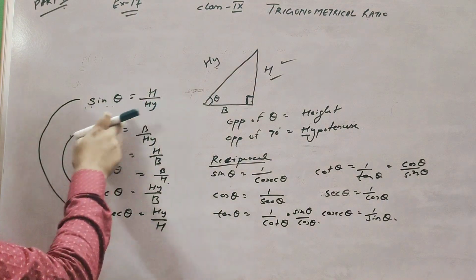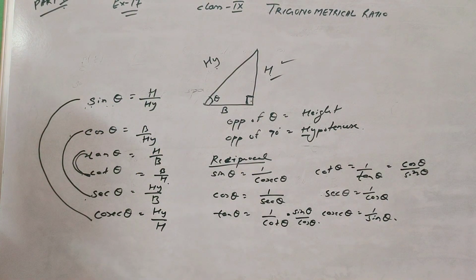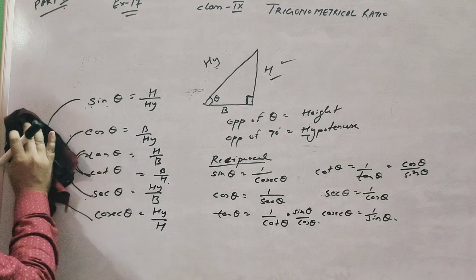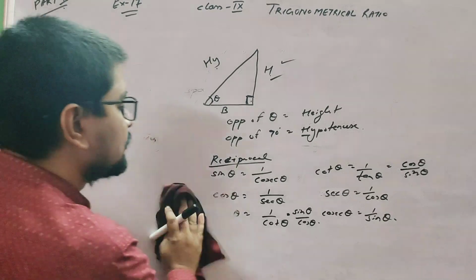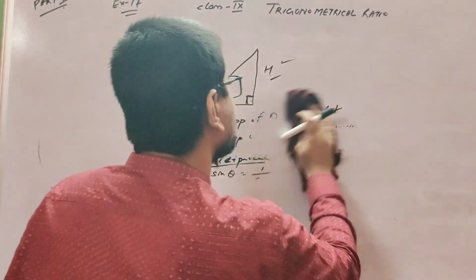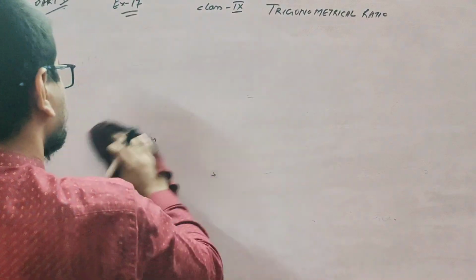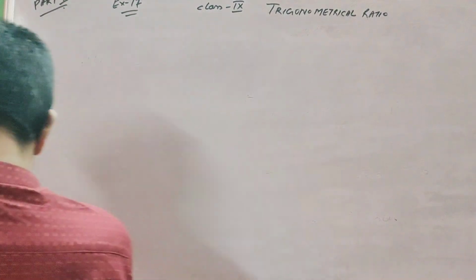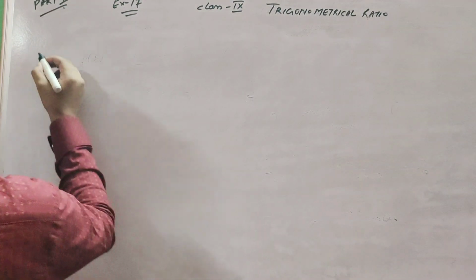What are the values? Height by hypotenuse, base by hypotenuse. So the first question from this exercise starts, that is number 1.